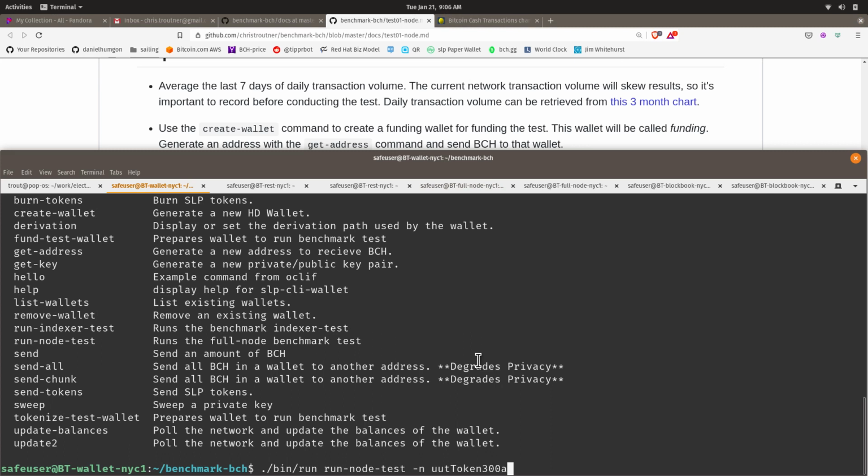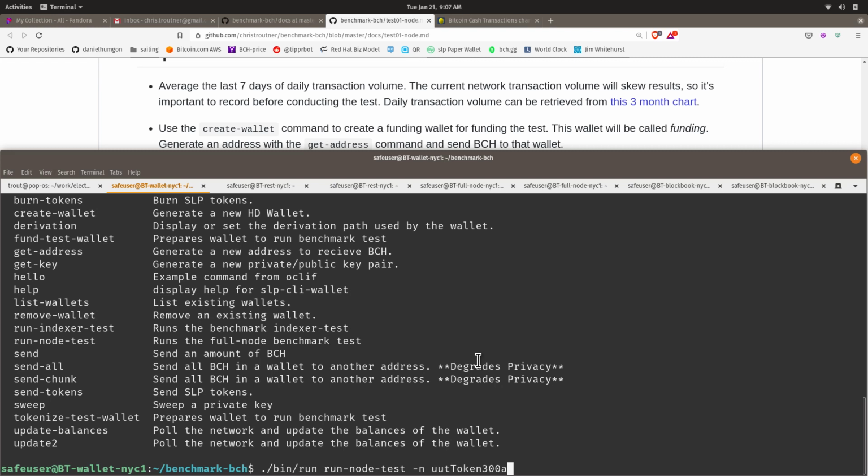This has 300 UTXOs, each in its own unique address, staged, and it's going to spend one UTXO per second. So it's 300, and 300 seconds is 5 minutes. This test is going to run for 5 minutes.